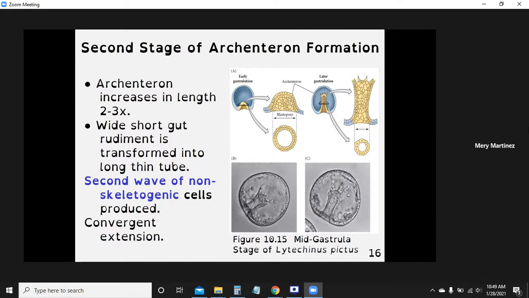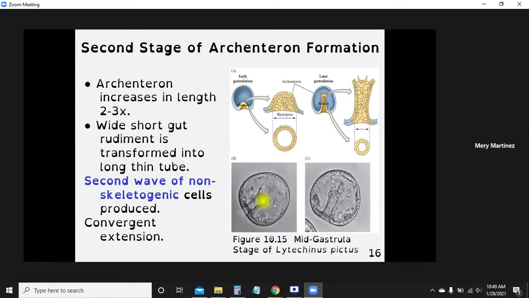The second stage of the Archenteron formation, after the invagination and after the brief pause these cells take, is a continued invagination, but longer. Here the Archenteron increases its length by 2 to 3 times.